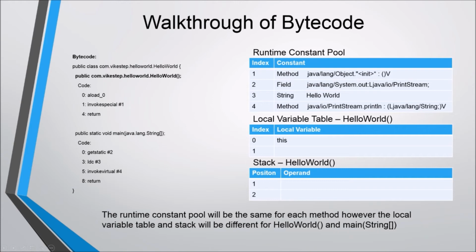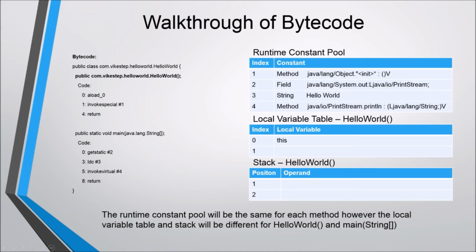In the local variable table, we've got this. That is because in the constructor we will be loading this, so it's loaded in position 0. Generally, if you use this in your method, then it'll be loaded as position 0 in your local variable table automatically.